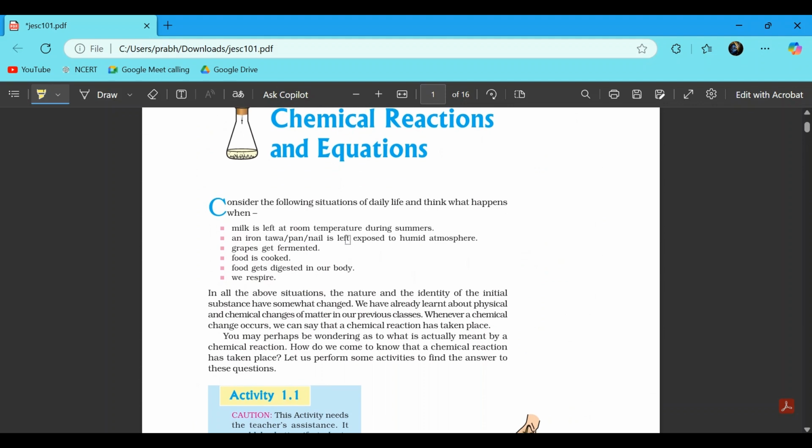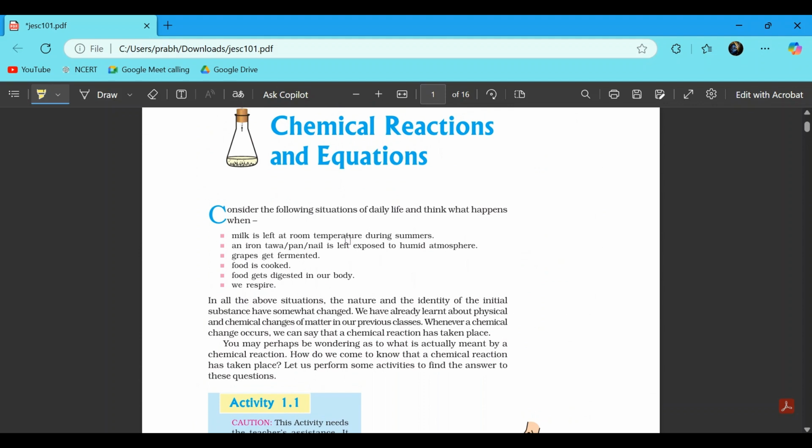A chemical reaction, whenever it takes place, never goes back. There are two types: physical change and chemical change. If it is a physical change, then you can change it back. Suppose you are making an aeroplane with the help of paper, then it is a physical change, because you can unfold the paper and make the paper once again.